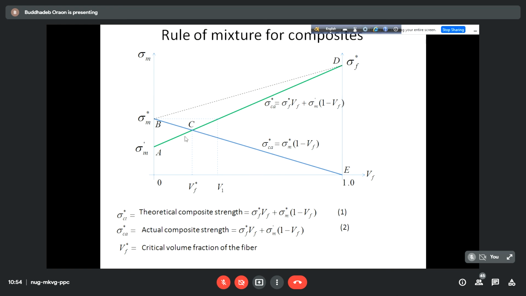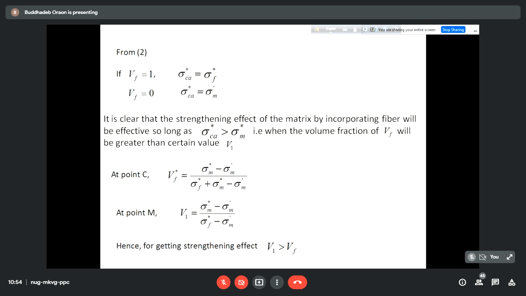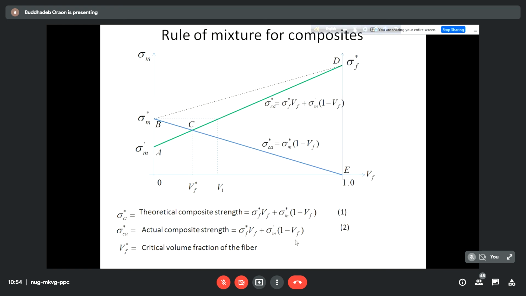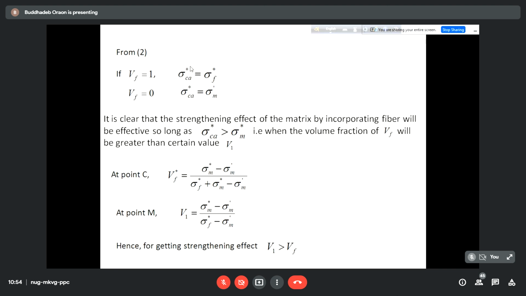Another may be the cost factor also, but it gives an idea what minimum percent of fiber I should mix, so that I will get the proper reinforcement, or the actual benefit from the fiber reinforced composite material. So from the same graph, from this equation, whatever I have told you is explained here.